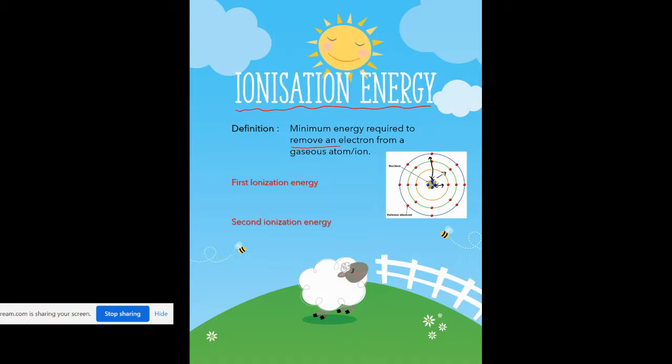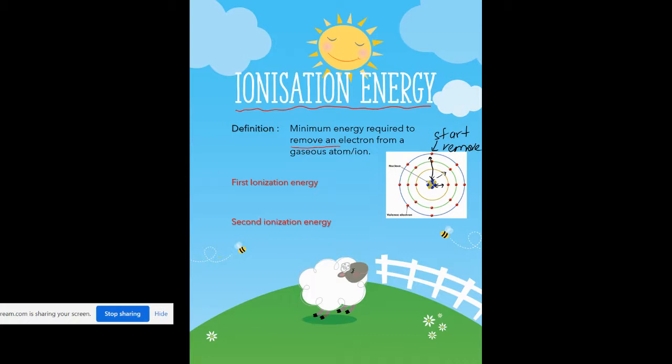As the electrons are farther away from the nucleus, the attraction is weaker, right? And if we remove electrons, the removal will start from the valence electrons. We always start from the easiest. We start removing from the valence shell.